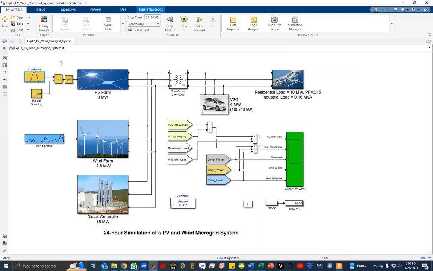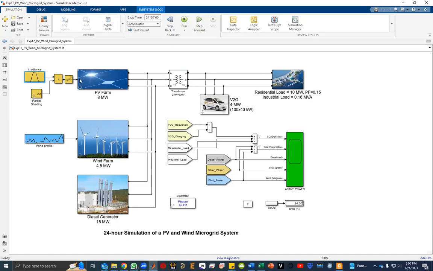Sometimes it's very low, and at noon time, when the sun is above our head, the irradiation is at its peak. So we can change the irradiation depending on the profile. I will try to provide another solar example where you can change it. Anyway, for this experiment, I'm not going to suggest you change anything here.